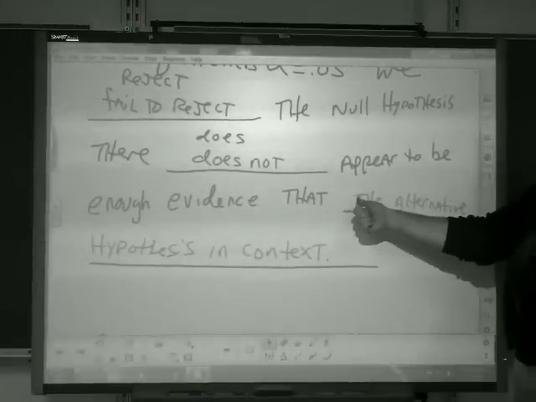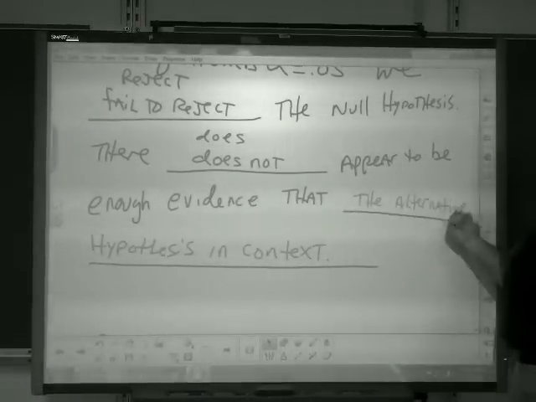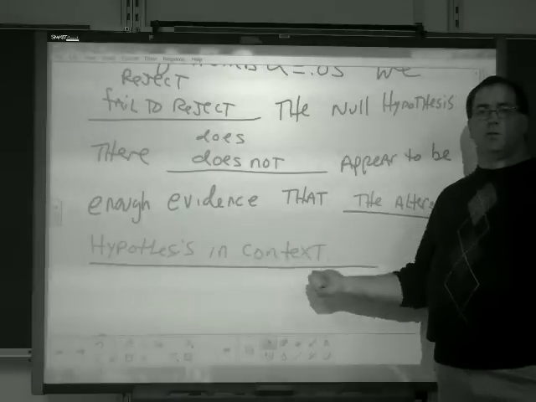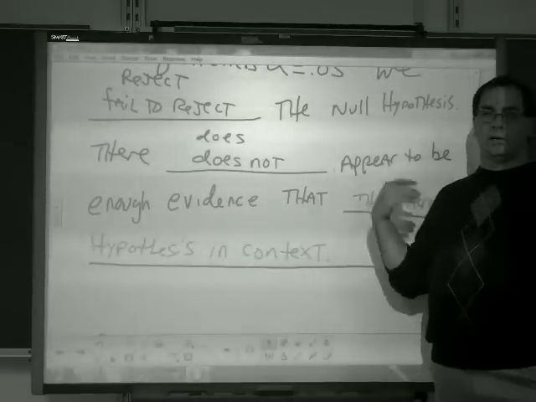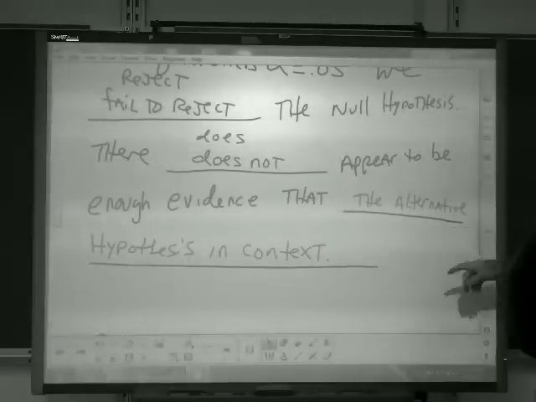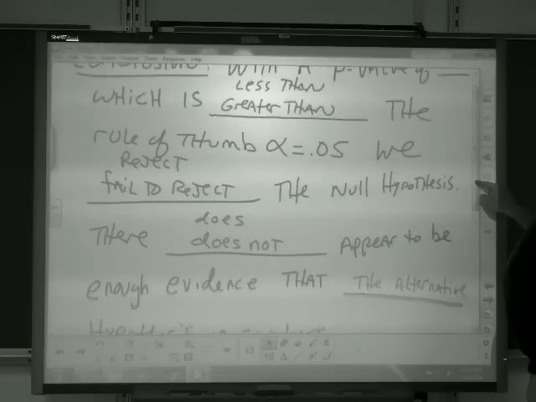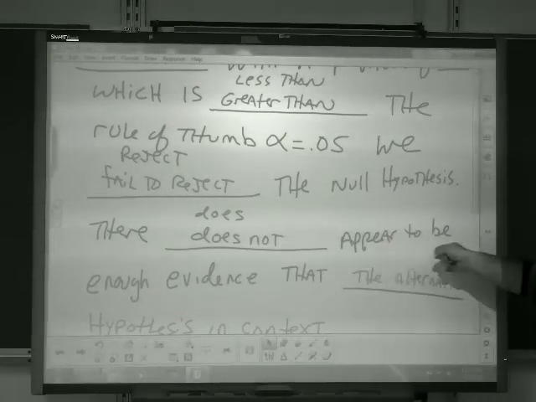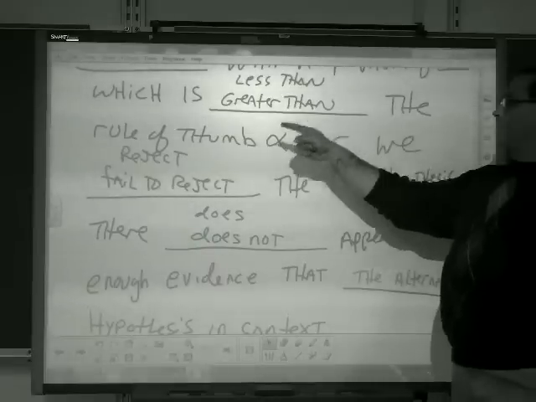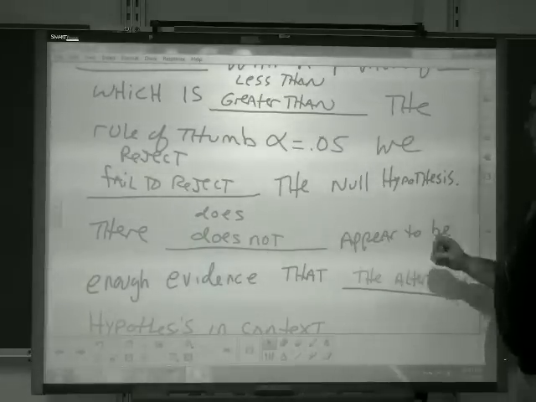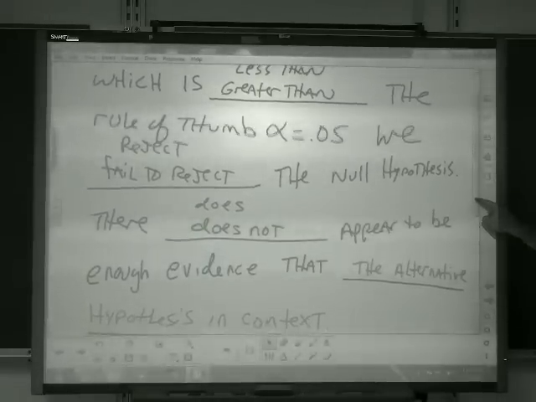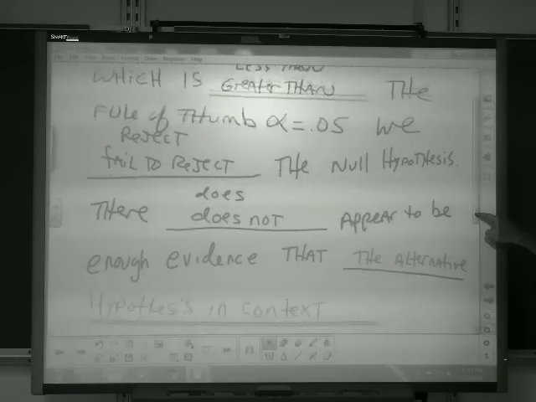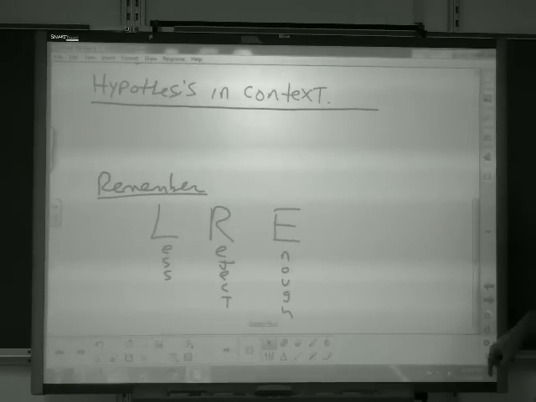So for us, we said that the proportion of pennies from the 1990s is less than 30%, or whatever we had in class. So, in general, if it is less, we will reject; there is enough evidence. If it's greater than, we fail to reject; not enough.